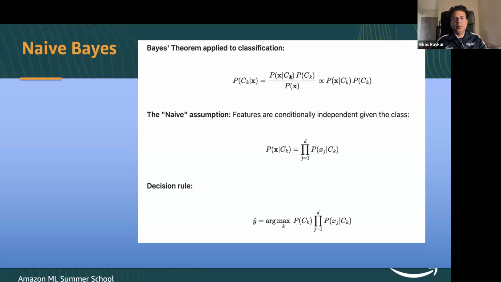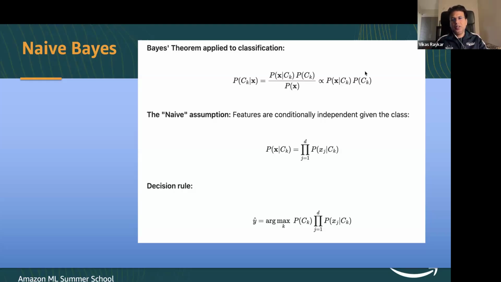Using Bayes theorem, I can invert it like this: probability of X given CK times probability of CK, divided by probability of X. Here, P of X is a normalization factor which does not depend upon CK, so we can remove it. So this is proportional to P of X given CK times P of CK.